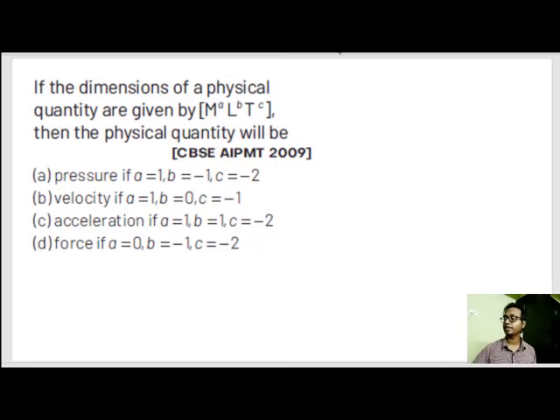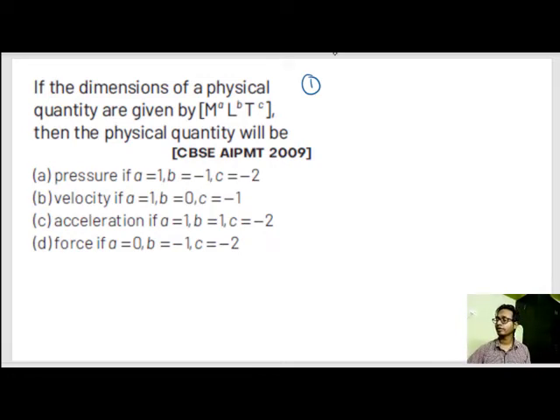If the dimensions of a physical quantity are given by M to the power A, L to the power B and T to the power C, then the physical quantity would be. This type of question has no other way than option checking, which means you have to check all the options.